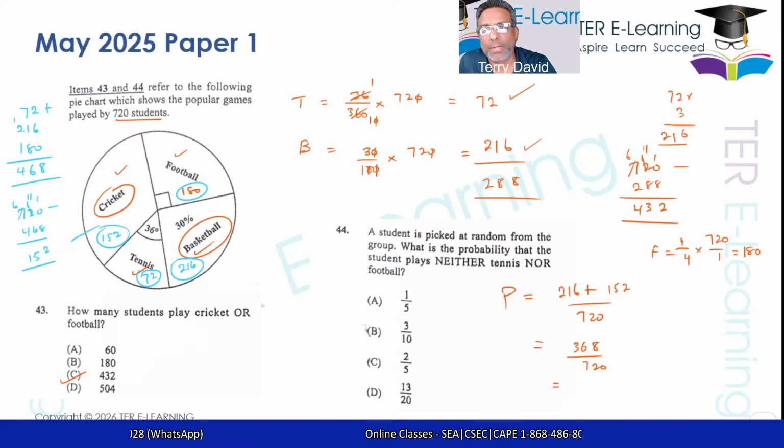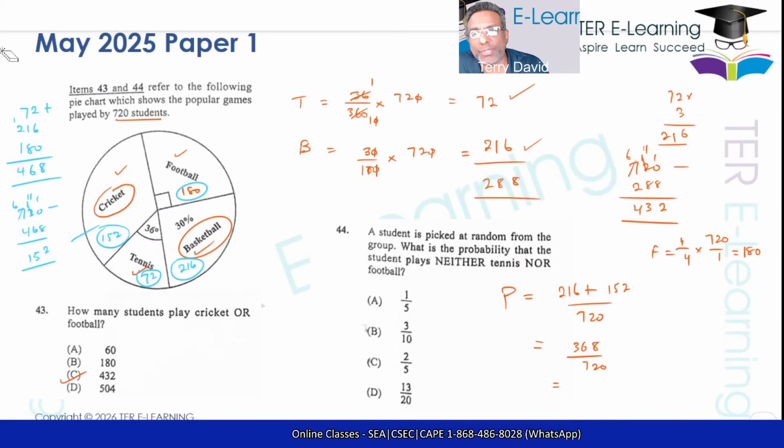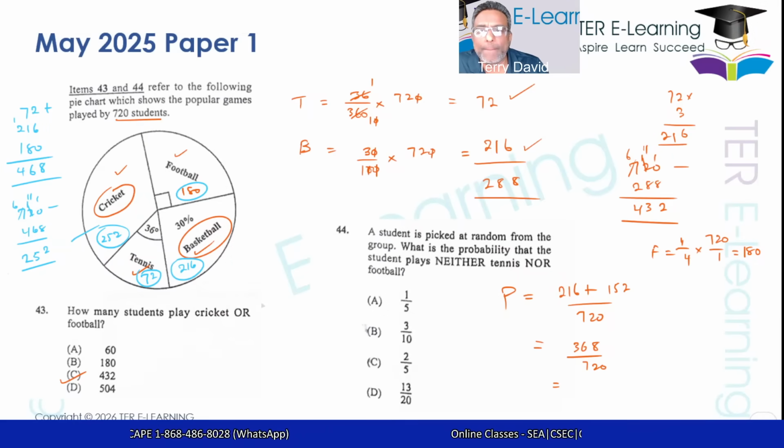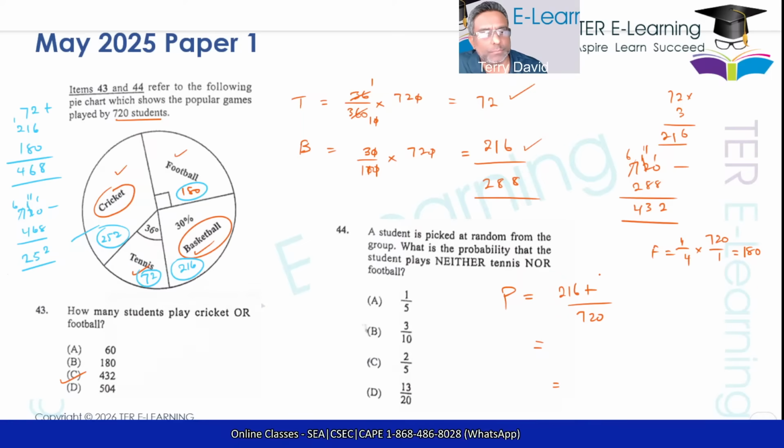Oh, right. I see the issue here already. All right. So I have an error here. This should have been 252, not 152. So this is 468 over 720.